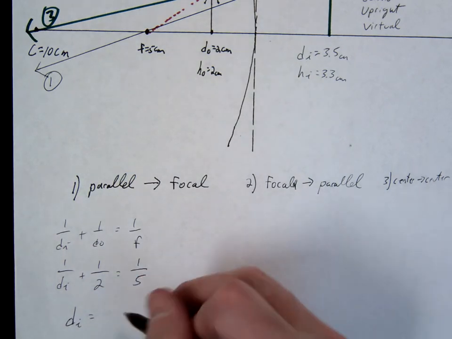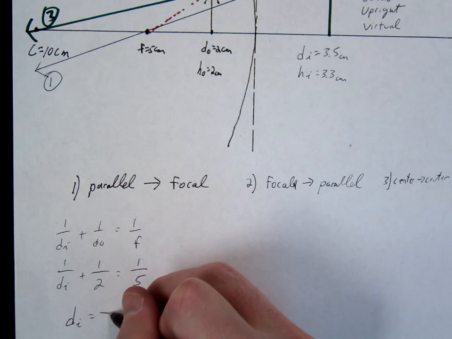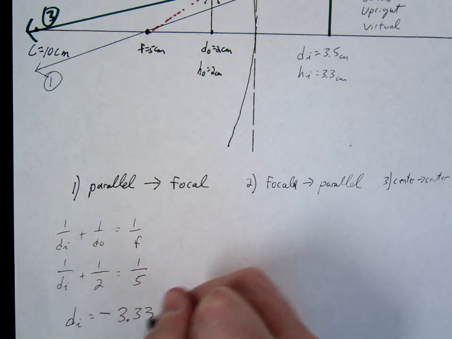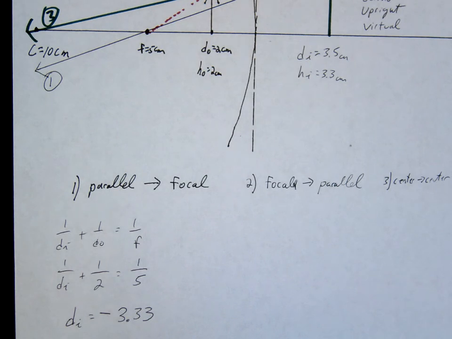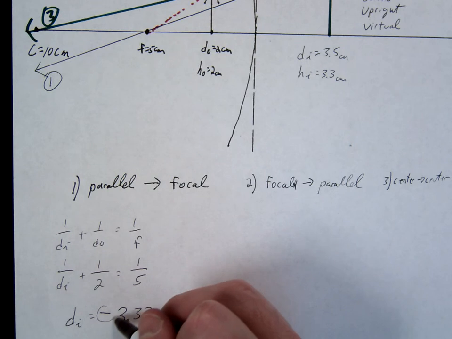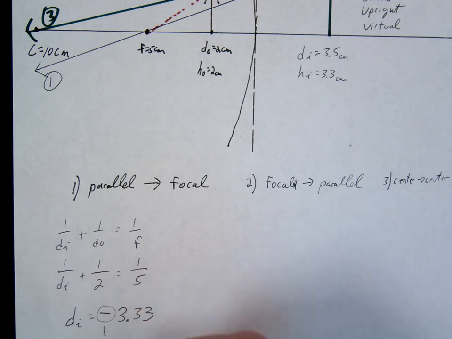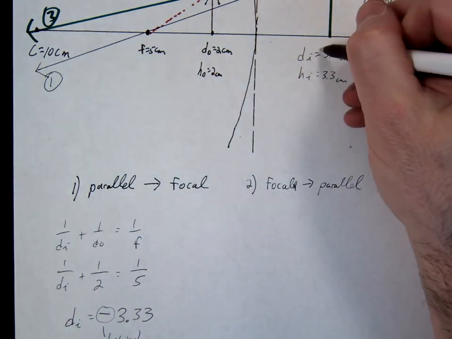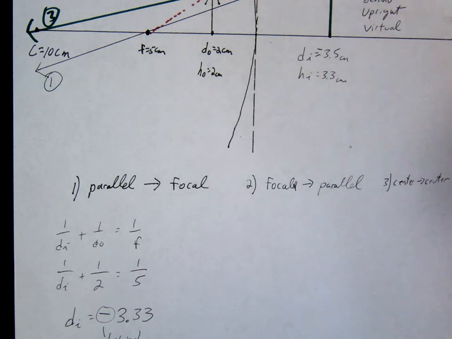And you should be getting negative 3.33. So what's the meaning of this negative? Behind, good. So this is behind. So actually up here I should have made this negative. Whenever the image is behind the mirror, it has a negative distance.